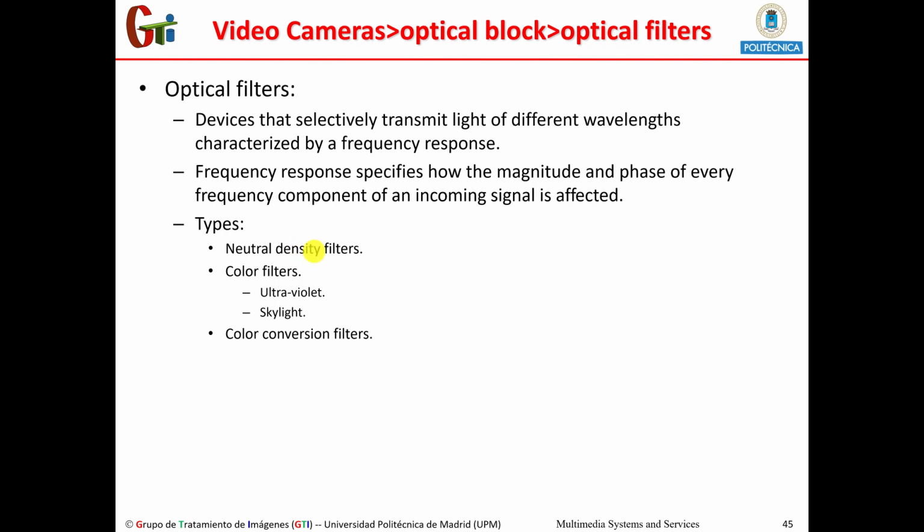With this, you can obtain several interesting effects, for example, when acquiring an image of a waterfall. If you use no filtering, you can see how the water is frozen in the image.